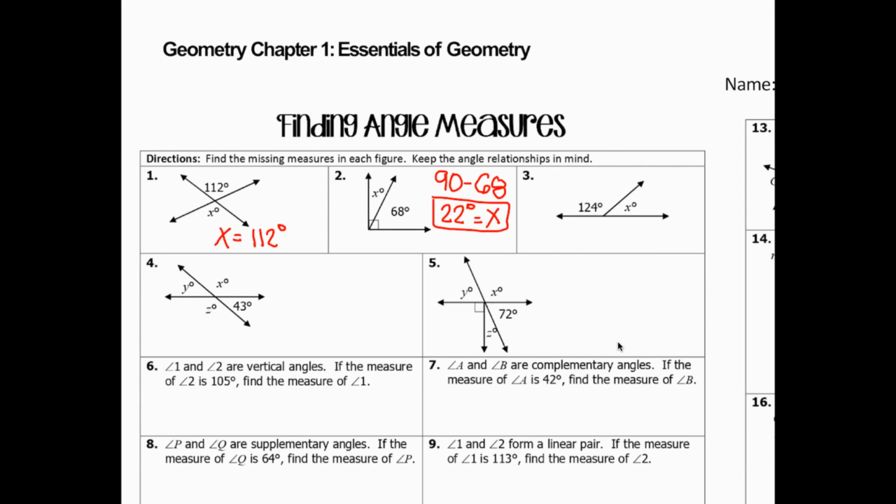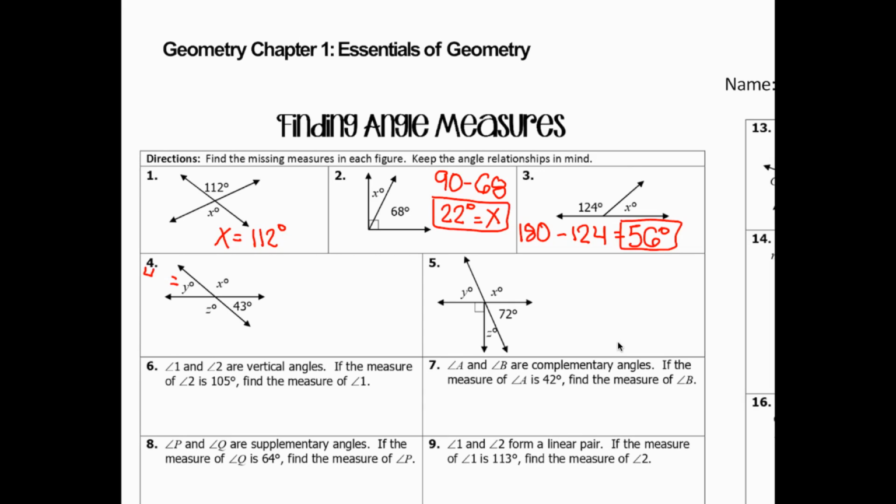Okay, next is 2 angles that form a line, so they're a linear pair or supplementary. So I would take 180 minus 124, which is 56 degrees. Okay, this next one we have a little bit of work to do. So I would start off with solving for y, because that's a vertical.